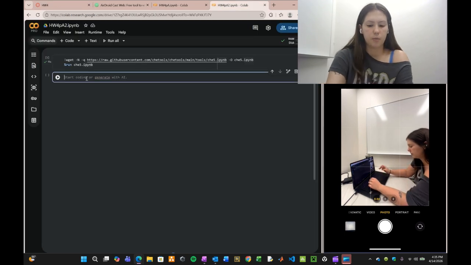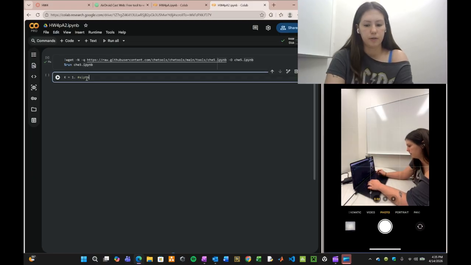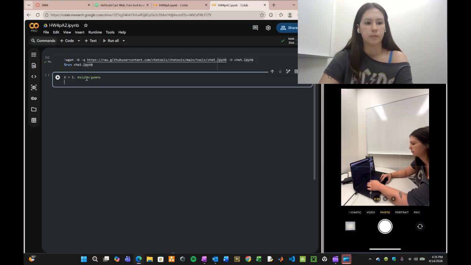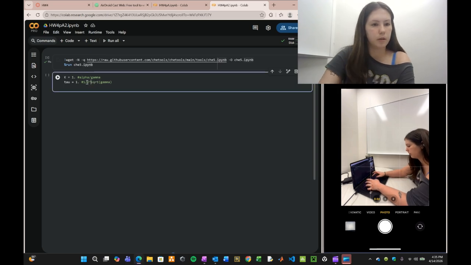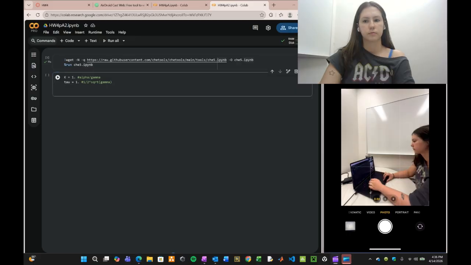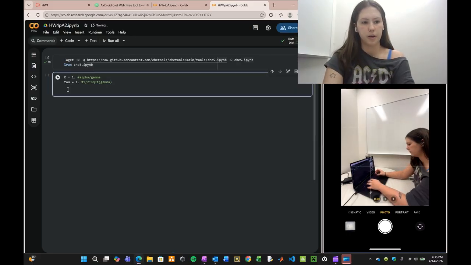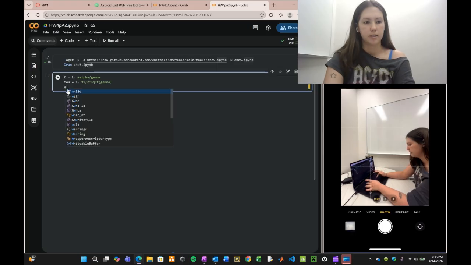So we can start with K equals 1, which is our alpha over gamma, and then we can define tau equals 1 over square root gamma. Sorry, 2 times square root gamma. And then we're going to define our natural frequency as Wn, which will be 1 over tau.